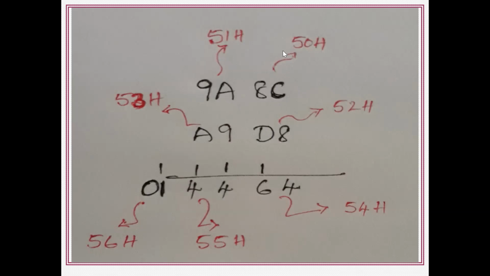So these are the assumptions. Assume that the first 16-bit value is available at 50H and 51H memory locations, and the second 16-bit value is available at 52H and 53H memory locations. So these four values are available at 50, 51, 52, 53.